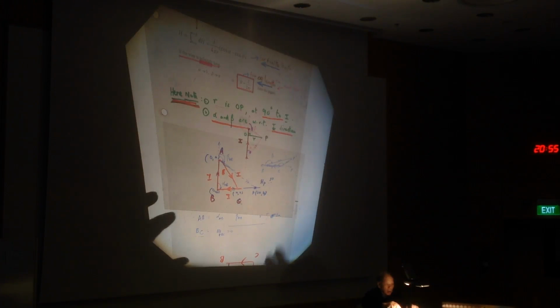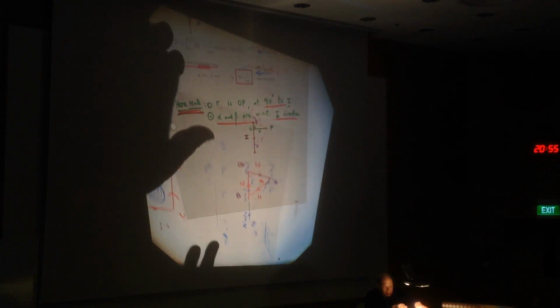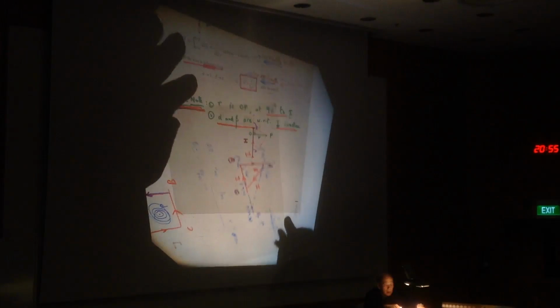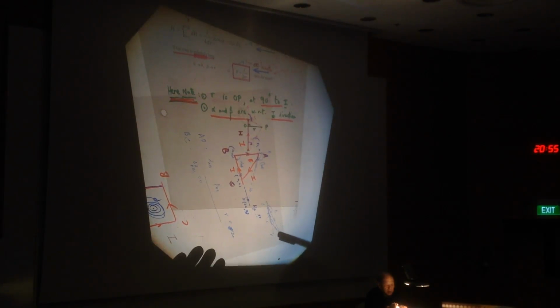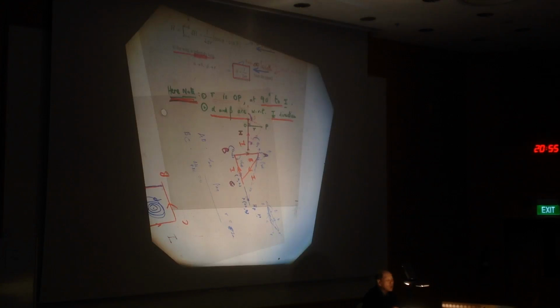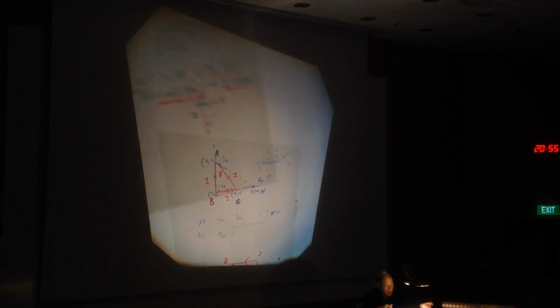I obey this rule now. When this point P prime, P dash becomes P, what happens? Beta becomes 180 degrees, alpha becomes 180 degrees. So cos 180 degrees minus cos 180 degrees is 0. I hope you can see that.